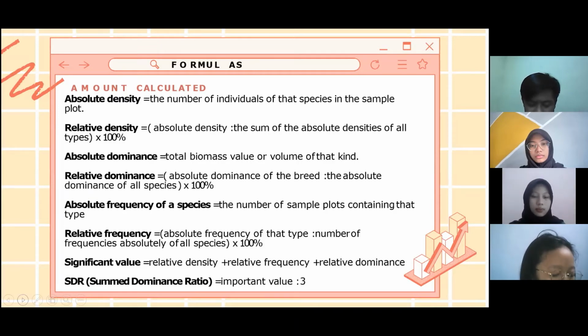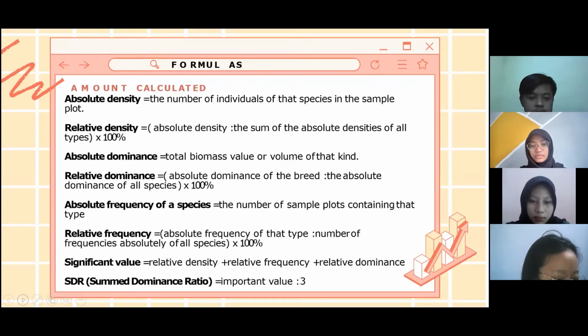Then absolute dominance, the total biomass value or volume of that type. Then relative dominance, the absolute dominance of the species divided by the absolute dominance of all species, multiplied by 100%.